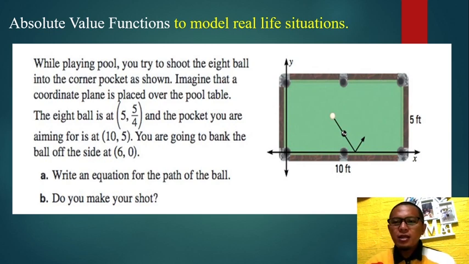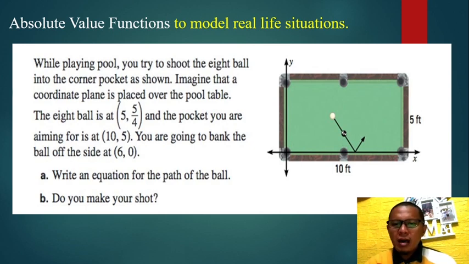I have here the absolute value function to model a real life situation. While playing pool, you try to sink the 8th ball. The 8th ball is at 5 and 5/4, and the pocket you are aiming for is at 10 and 5.